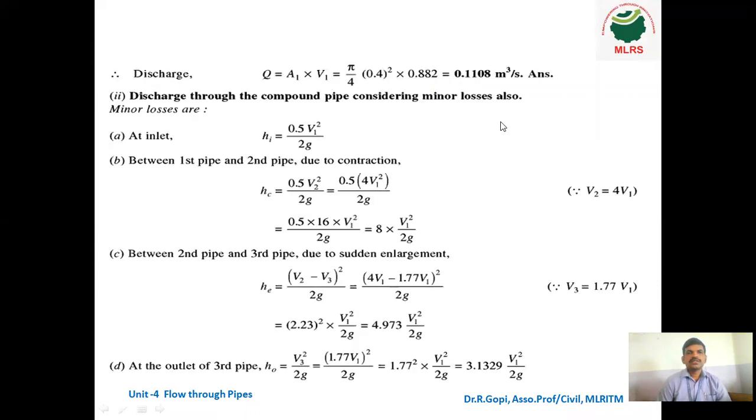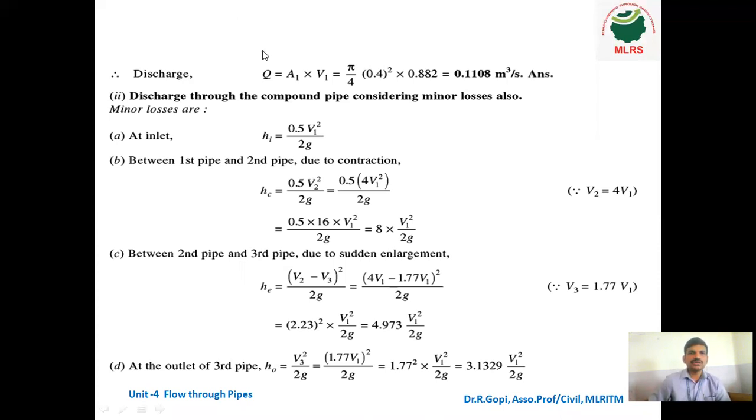So what is our ultimate aim? To find the discharge. For discharge only V1 is enough. Otherwise you can calculate V2 and V3 and substitute either A1 V1 or A2 V2 or A3 V3. All are the same as per the continuity equation. So I have V1.